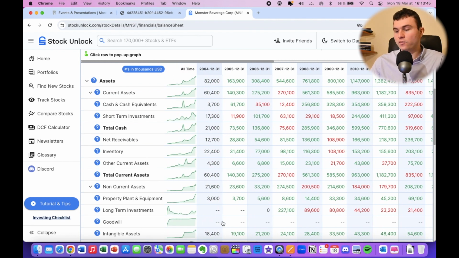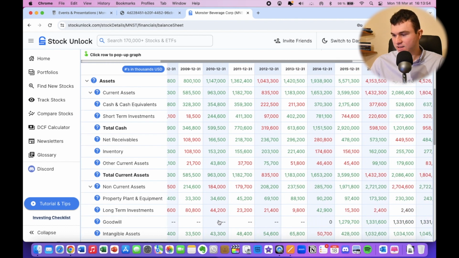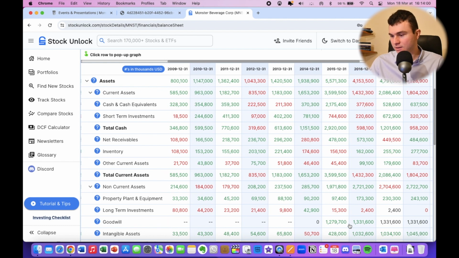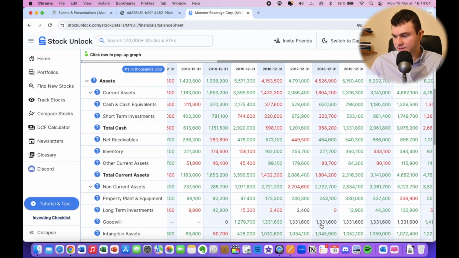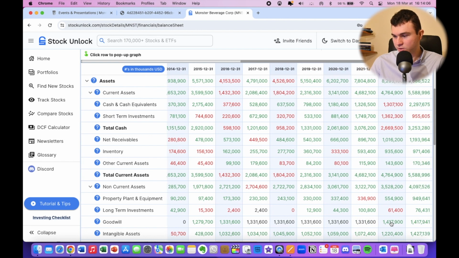So you have a fair probability, a fair chance that they didn't do acquisitions during that time. And then they did their first acquisition in 2015, as we suspected. And from zero, you have 1 billion in goodwill. Okay. And then it grows a little bit and then stabilizes. No acquisition. And then increases a little bit here. Very good.